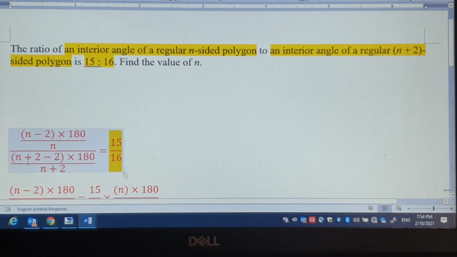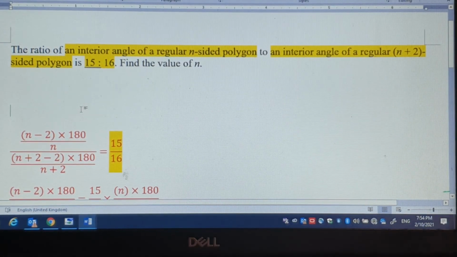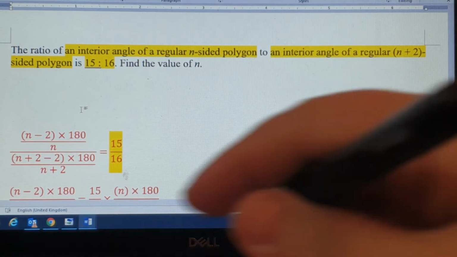So these are, wait, I try to write here. Oops. Where did it go?